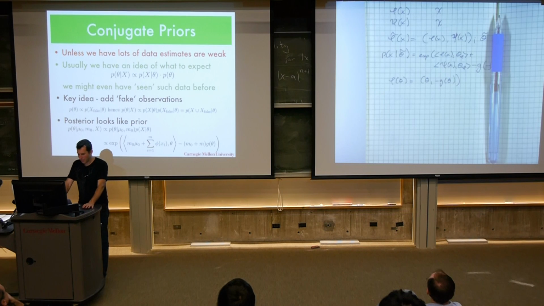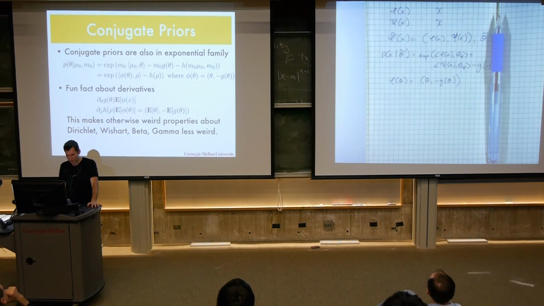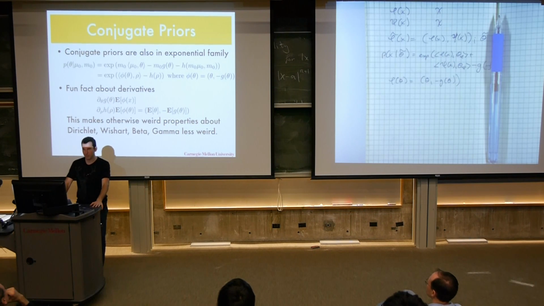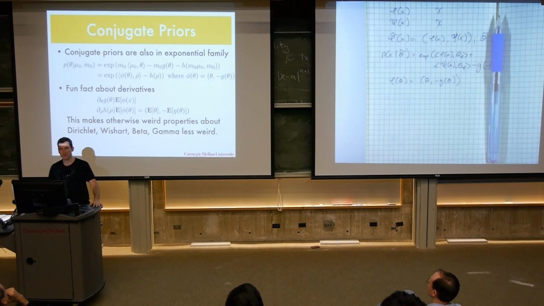Sometimes in papers you would see things like, we use a beta binomial or Dirichlet multinomial or gamma Poisson or Gauss-Wishart Gauss. What they basically say is we use a conjugate prior and likelihood term.